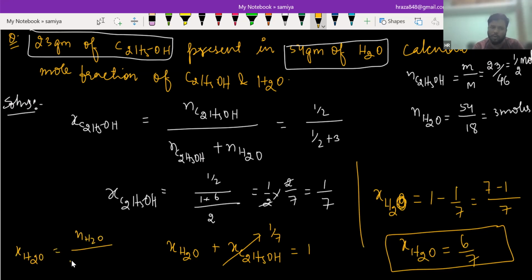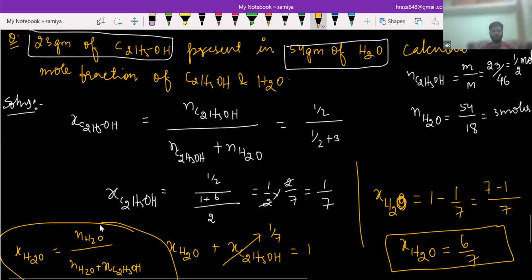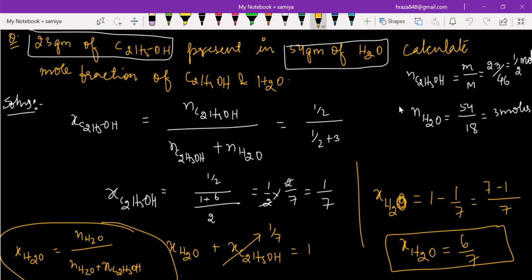Or you can also calculate the mole fraction directly with the formula, by calculating the number of moles. Please write it and let me know if you are done. Sir, in examination, for the second method, steps aren't counted, right?